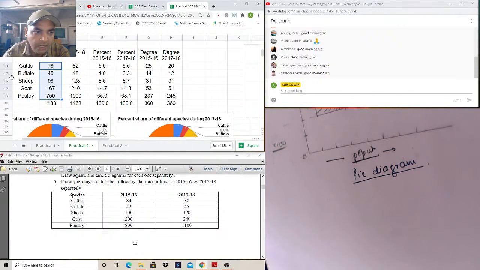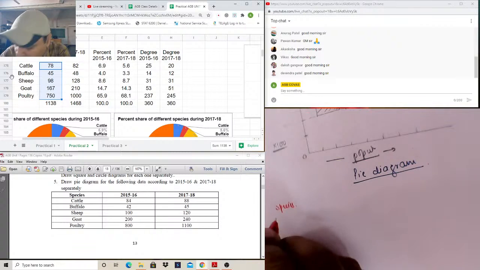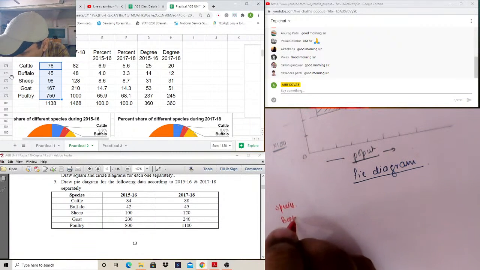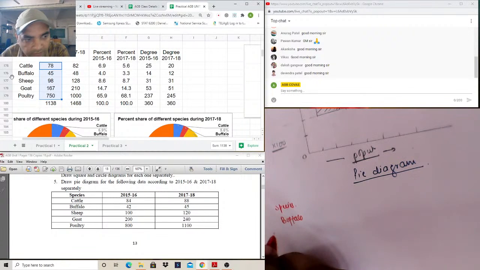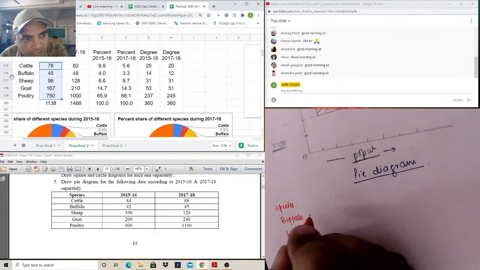In the question we have been given the species: cattle, buffalo, sheep, goat, and poultry.